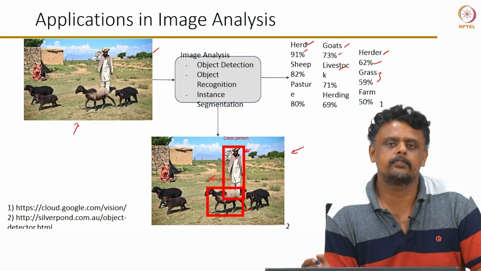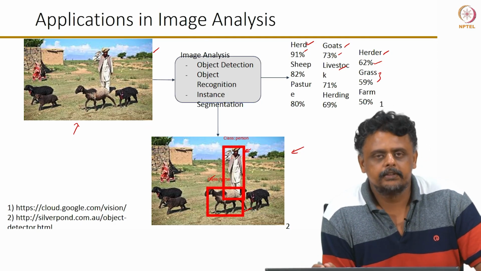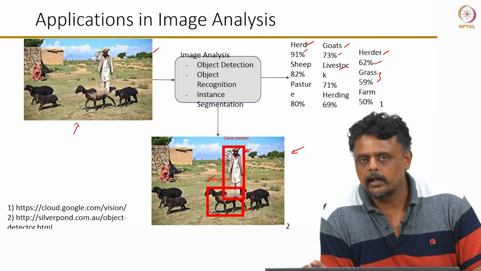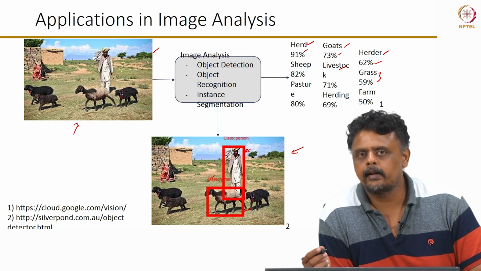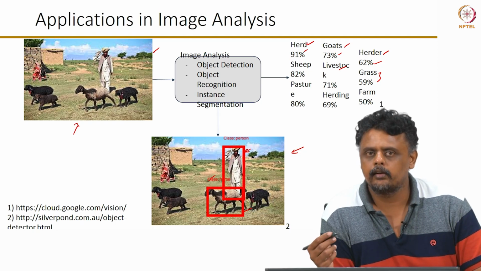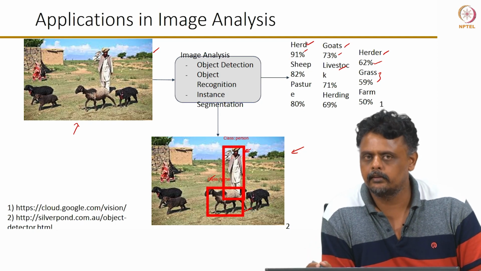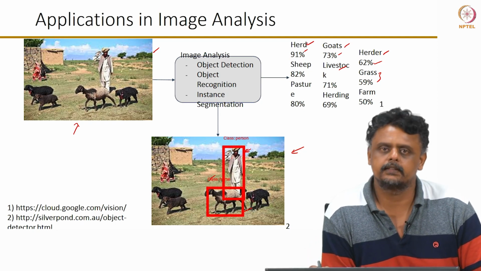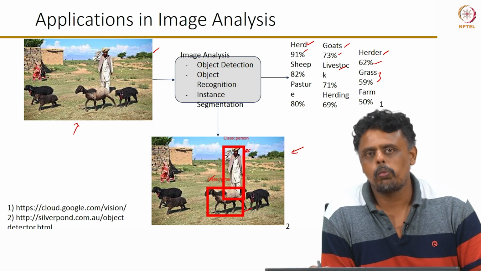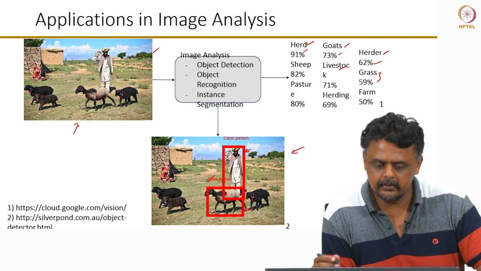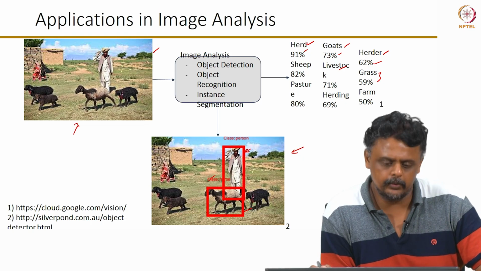If you have a vision system in a self-driving car that performs well, it can identify obstacles, pedestrians, signals or lights, zebra crossings, etc., and act accordingly. So, this is a typical application in computer vision.